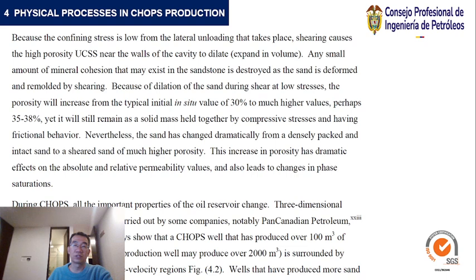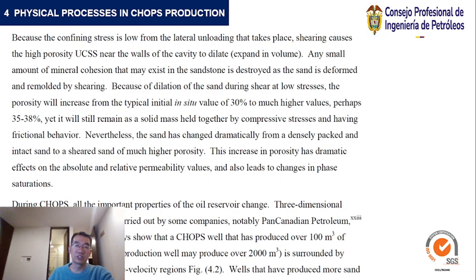Because of dilation of the sand during shear and at low stresses, the porosity will increase from the typical initial value of 30% to much higher values, perhaps 35 to 38%. Yet it will still remain as a solid mass held together by compressive stresses and heavy frictional behavior.